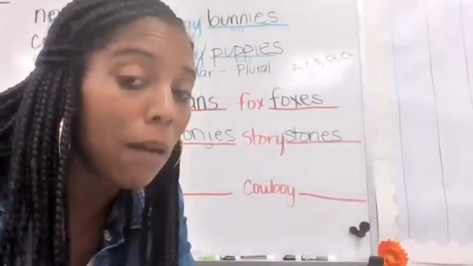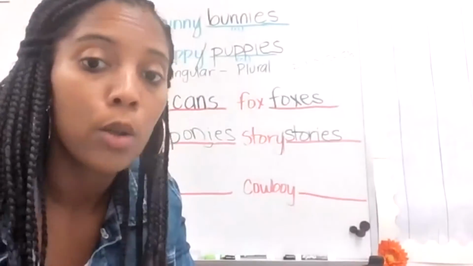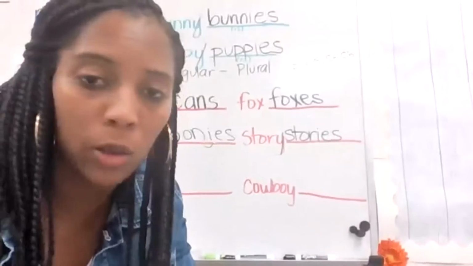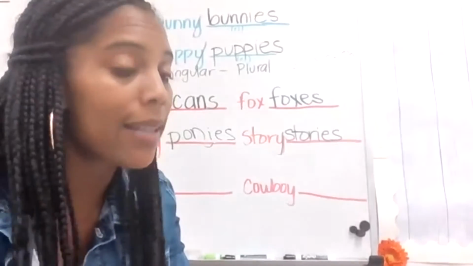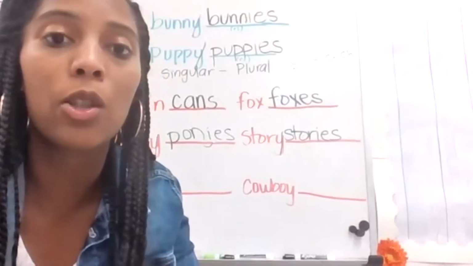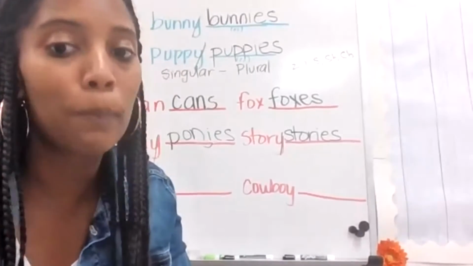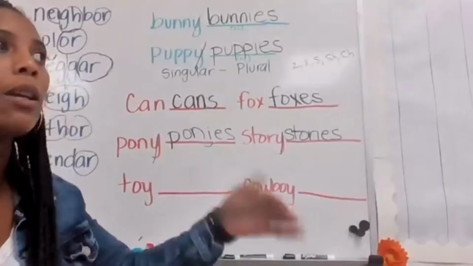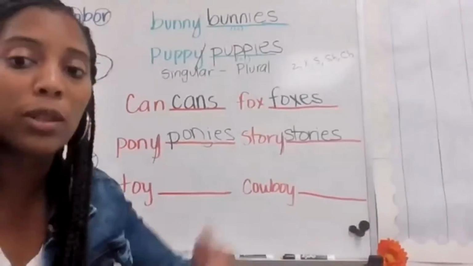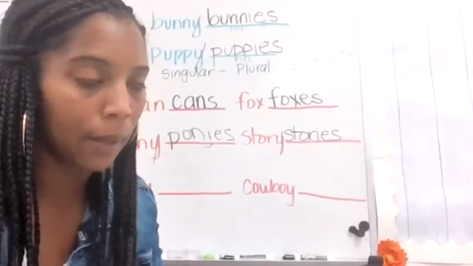Anytime your Y is with a special sound, you do not change the Y into an I and add ES, okay? So that is something you have to pay close attention to. Sometimes the word will end with the Y, but the Y is a part of a special sound. Just like when we did key last week. That EY in key, the Y was part of the special sound EY. So we did not change the Y into an I.